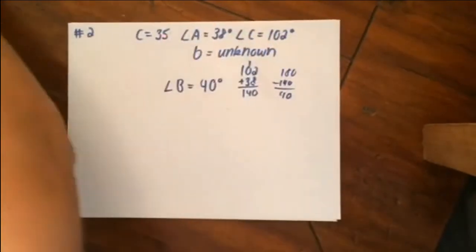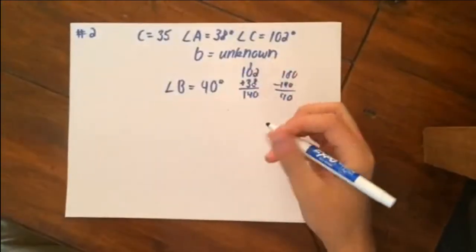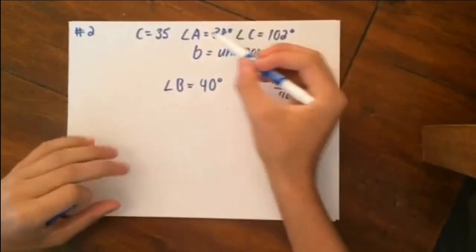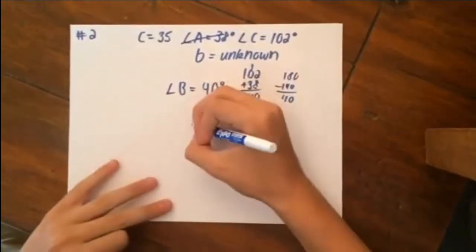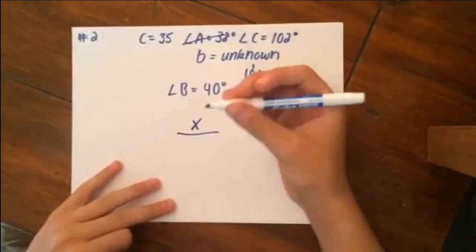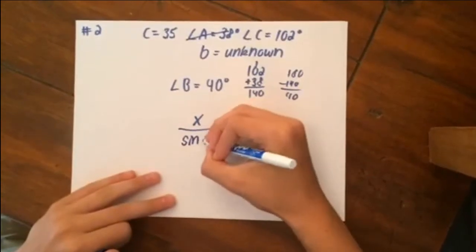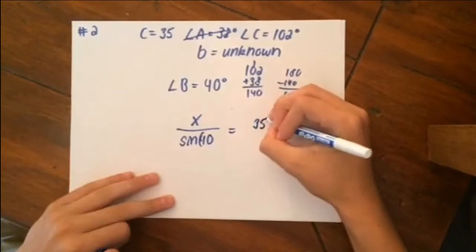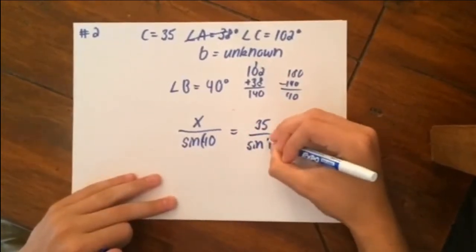So now we go straight back in and use this formula. So we're looking for B, so now we can completely ignore that once we have B. So it should be x, or whatever variable you want to use, over sine of 40 equals 35 over sine of 102 degrees.